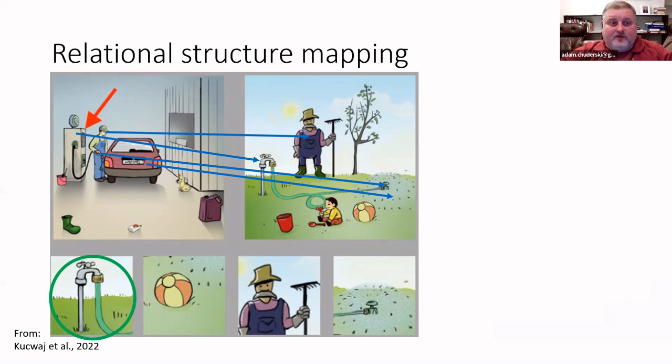So we have here a relation in which some person oversees transferring some resource to an object that needs this resource. So either petrol is transferred to the car by a man, or a man oversees how water is transferred from the water tank to the grass, which also needs it.